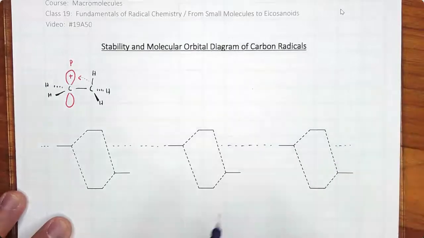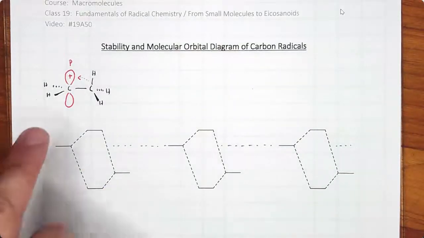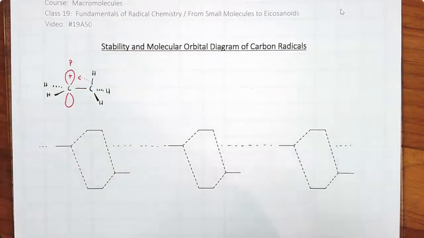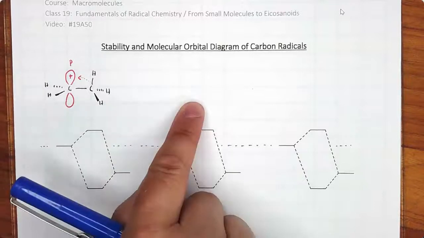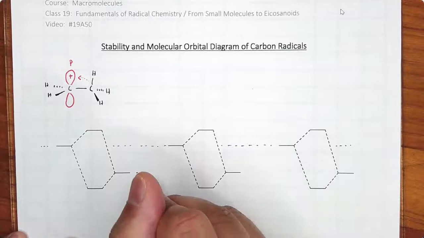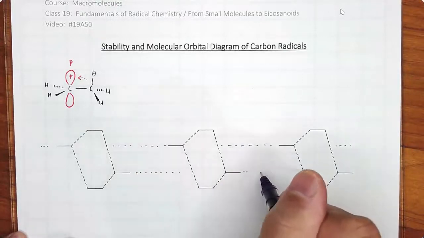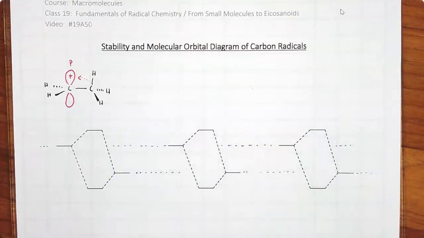Then here, this is representing the sigma of the CH bond, and in all cases we're going to do carbocation, radical, and actually I have a third one here for carbanion, that also is going to be at the same level. Again, this represents the sigma CH orbital.